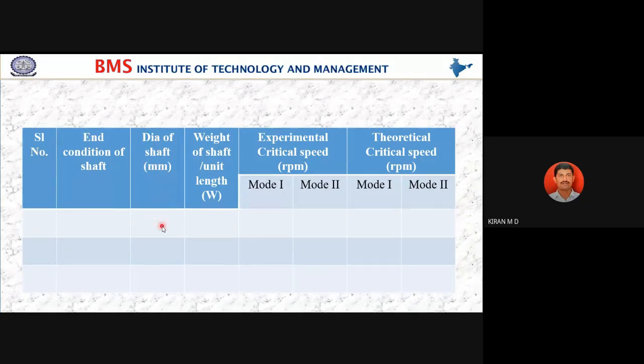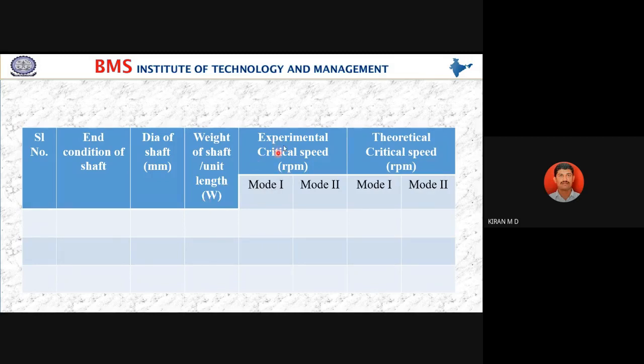Diameter of the shaft we are going to use 5 mm. Weight of the shaft per unit length, we have the value of 0.15 Newton.